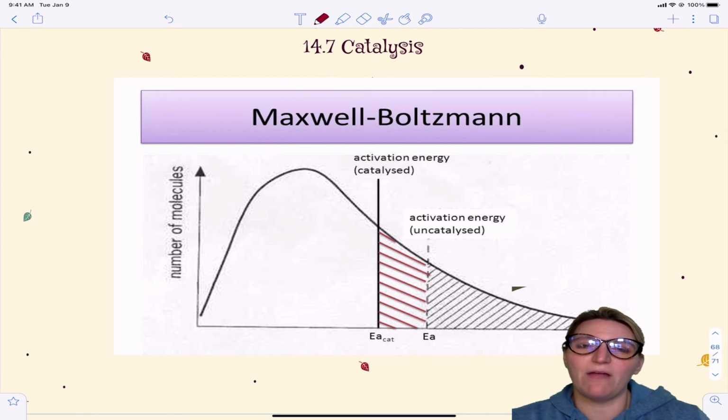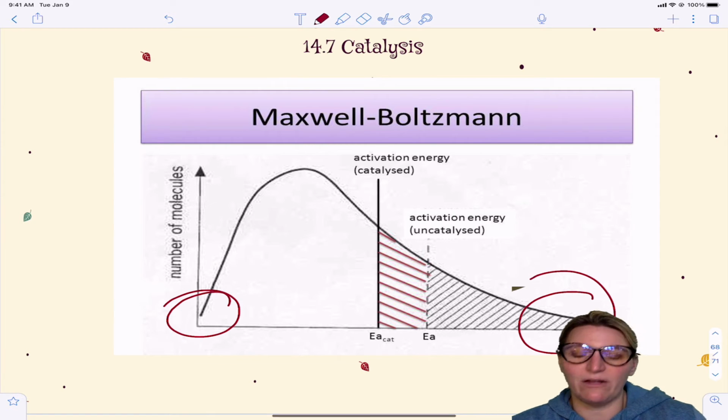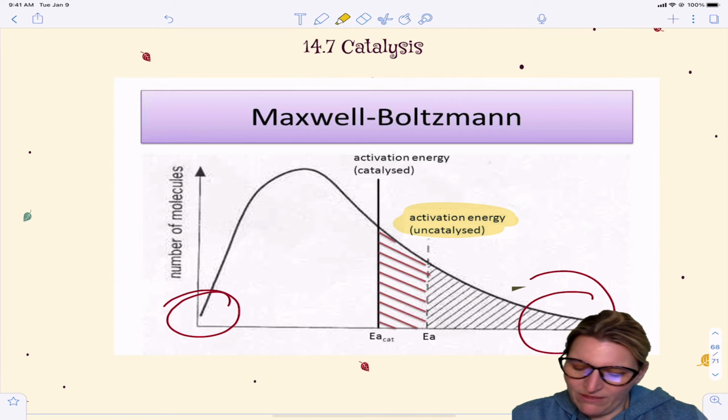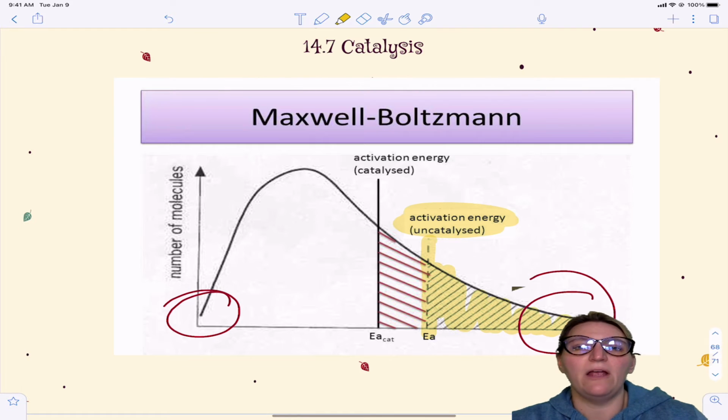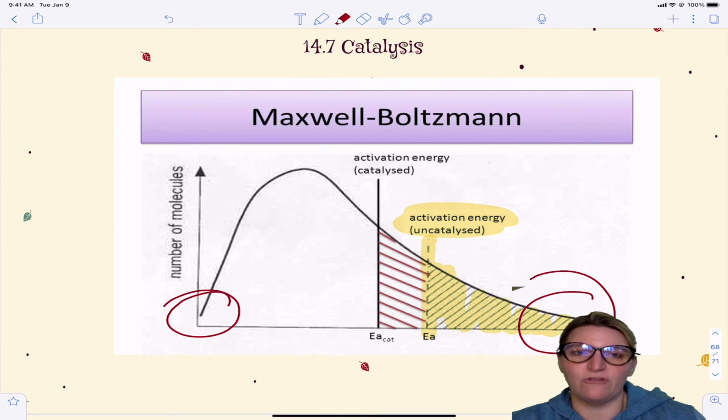Here's a picture of the Maxwell-Boltzmann distribution that shows us the range of energies that particles have at any temperature. There's always some that have little energy, and always some that have a lot of energy. This area represents the fraction of molecules that have enough energy to overcome the activation energy in the uncatalyzed reaction.